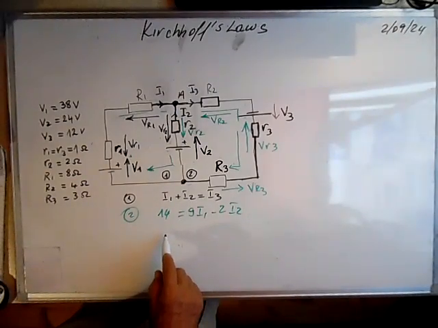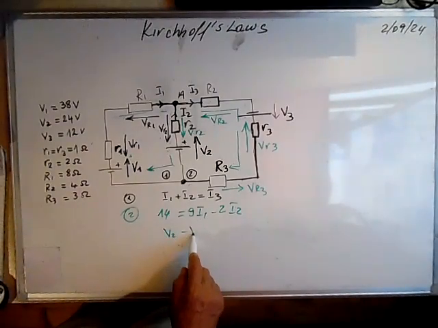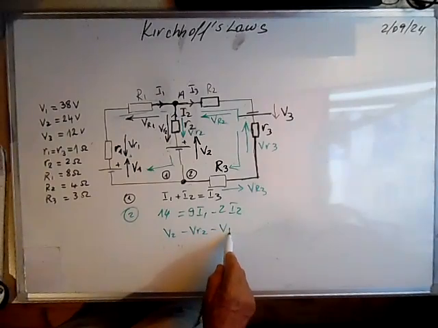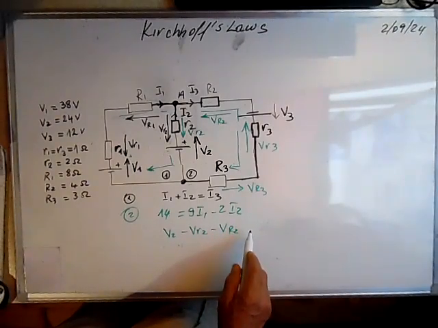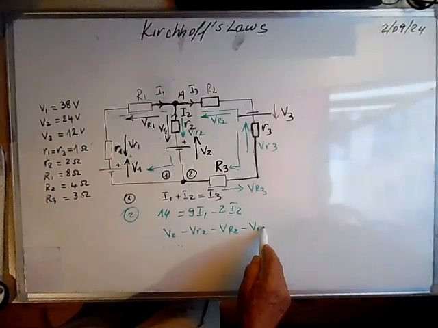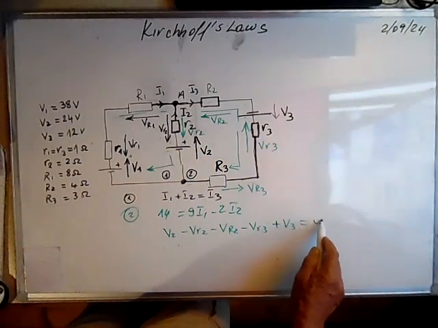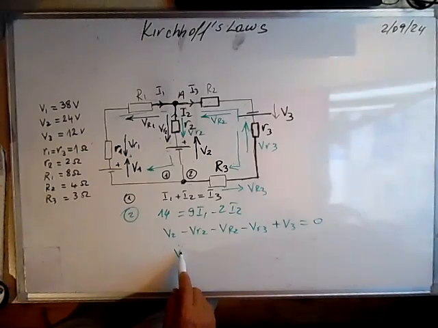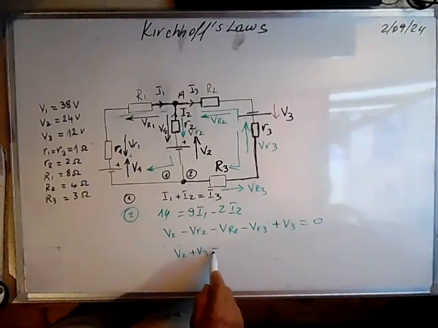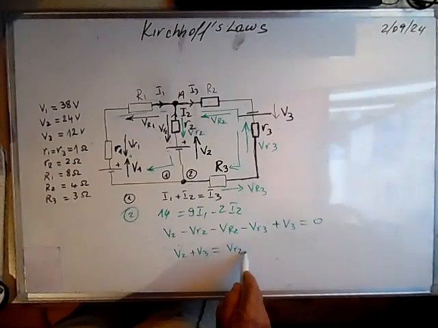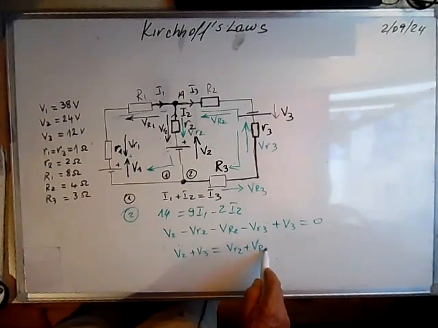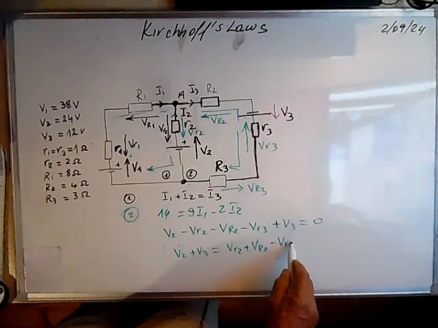So we can write that from minus to plus, we write plus V2, minus VR2, minus VR capital R2, minus VR3. I forgot this one, plus, because we're going from minus to plus, plus V3 is equal to 0. So V2 plus V3 is equal to VR2 plus VR capital R2, minus VR3.